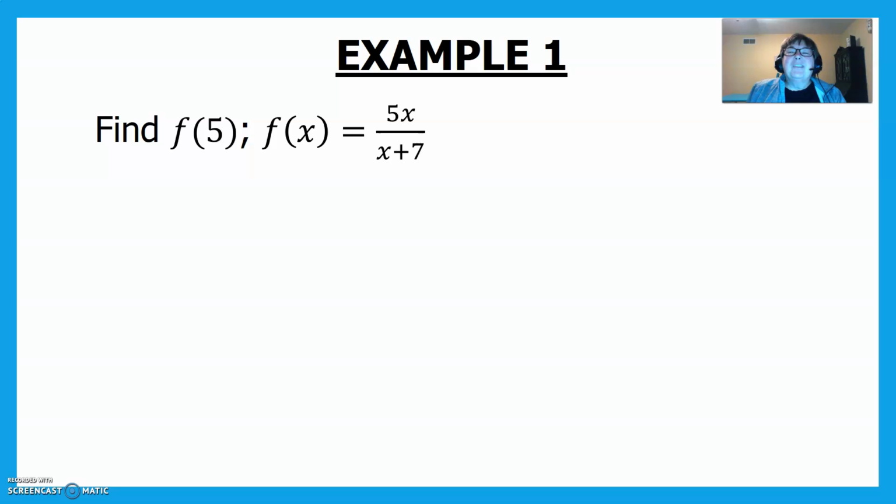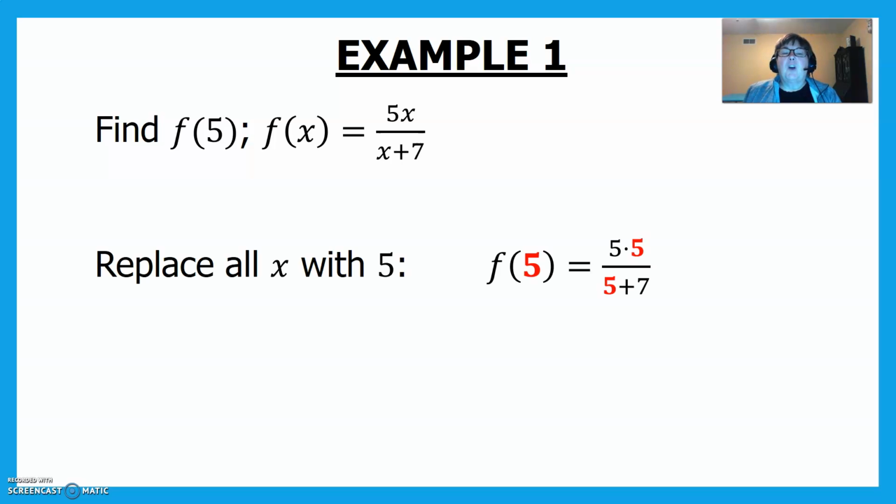So our first example says, find f of 5 if f of x equals 5x over x plus 7. So what that means is everywhere I see an x, I'm going to put a 5 because I want to know what it equals when x is 5.